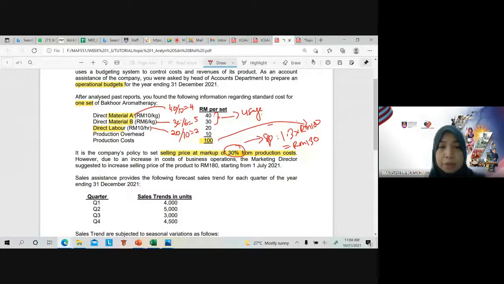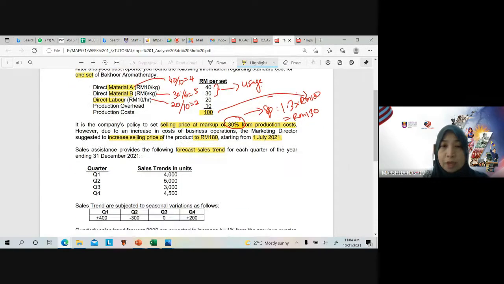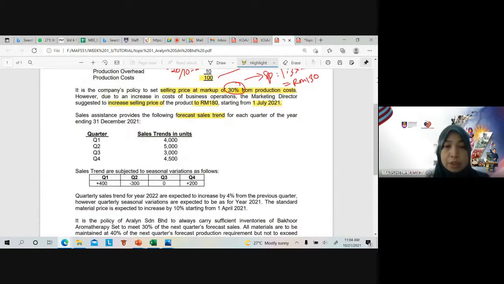However, due to an increase in the cost of business operation, the marketing director suggests increasing the selling price to 180 starting from 1st July 2021. So 1st July falls under which quarter? And then in the next paragraph, they give you the forecast sales trend and also seasonal variations.